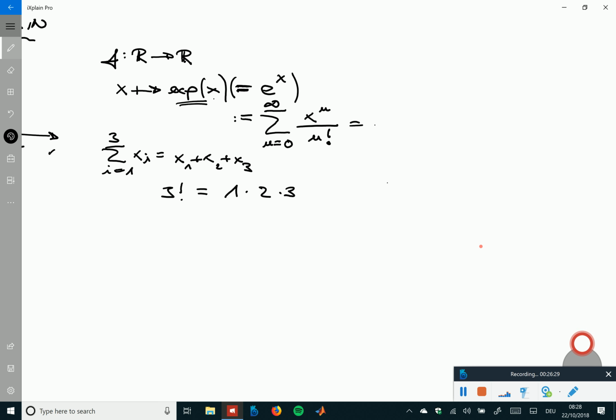If I write that out, it looks a little bit like this. x to the power of 0 is 1, and factorial 0 is also 1 by definition. So the first term is 1. Then x to the power of 1 is x, and factorial 1 is 1. So you get x, and then you get to these higher orders, and so on to infinity for every x that you put in.